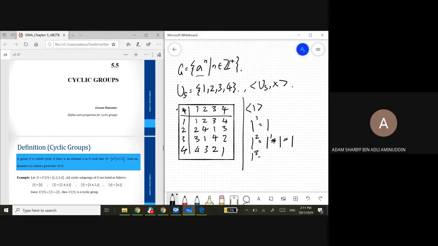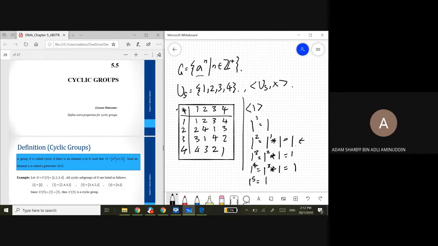1 to the power of 3 is 1 to the power of 2 binary operation with 1. From the previous calculation we get 1, and 1 binary operation with 1 still gives 1 based on the Cayley table. Following the same idea, 1 to the power of 4 is still 1. Because this is mod 5, definitely 1 to the power of 5 is equal to 1 to the power of 1.